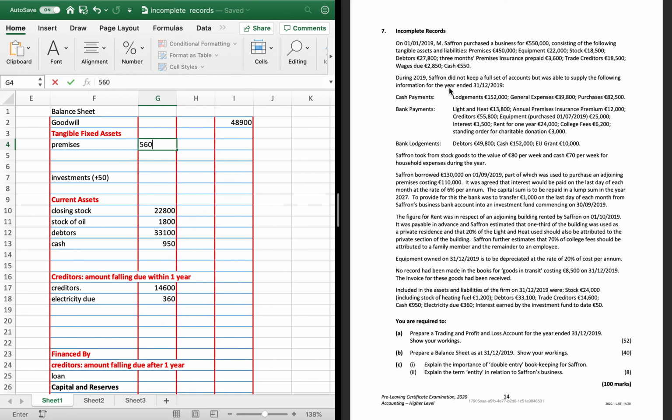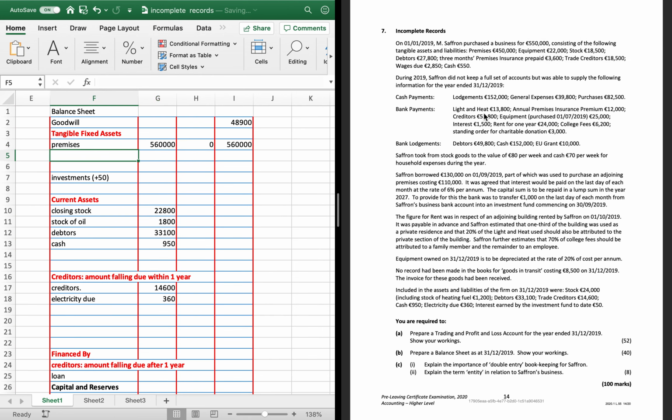Okay. Now, let's go down and see if there's any depreciation, because I can see straight away there's depreciation on equipment. There's no other mention of depreciation, just having a quick scan. You can always come back and correct it if there is. So that's 560 up there, so that's our premises done.